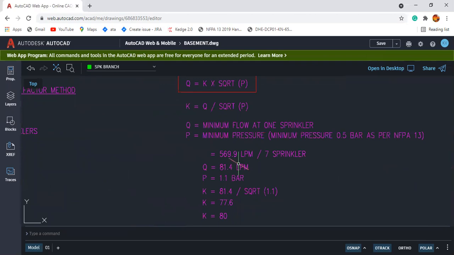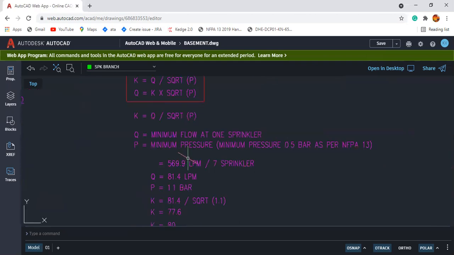We need the flow at a single sprinkler. To calculate that, we need the number of sprinklers. How do we calculate the quantity of sprinklers? I already made it seven sprinklers. How can I calculate this?